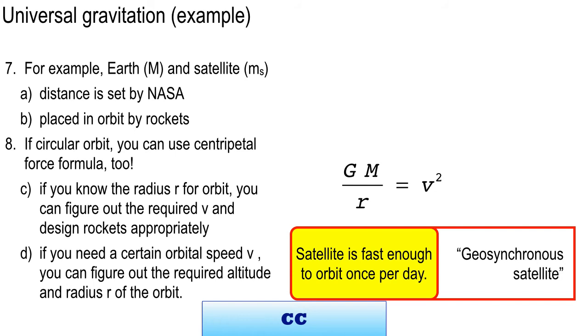The way that works is that the Earth spins once per day and that satellite orbits once per day, so it's moving, but it never seems to be any place else but right up there, over Brazil or over Peru or wherever it is, over the equator. That's why, if you have DirecTV, that's another geosynchronous satellite.